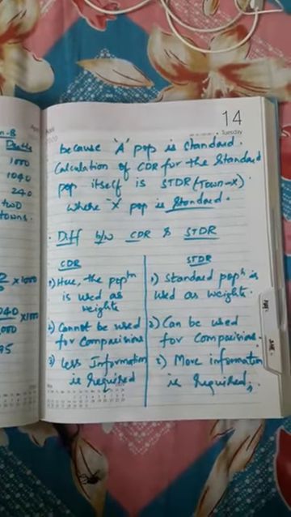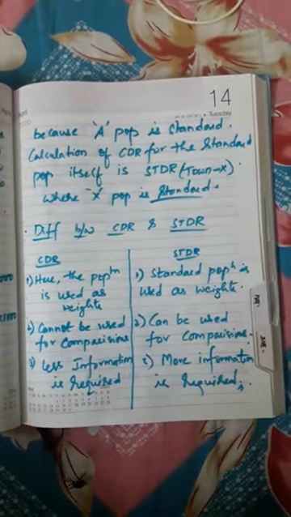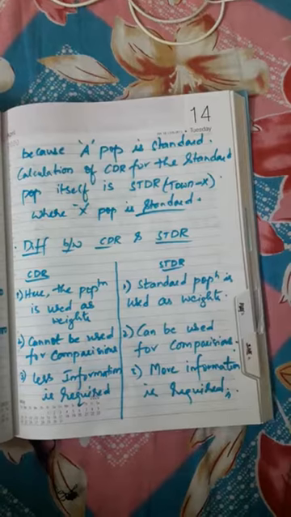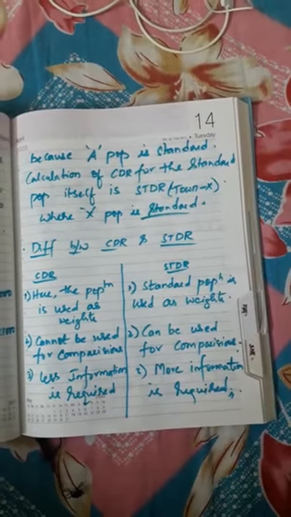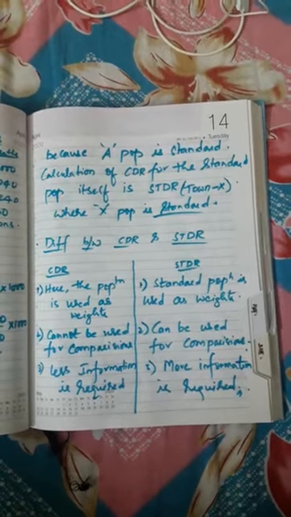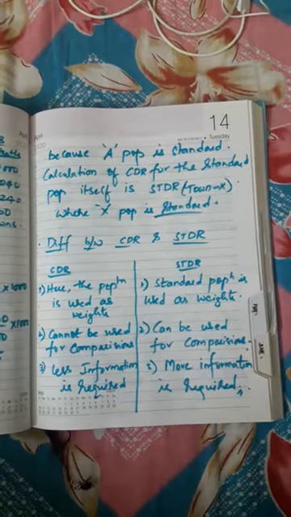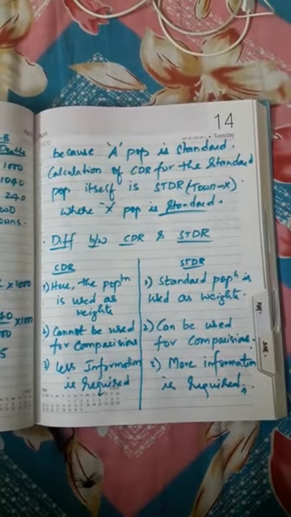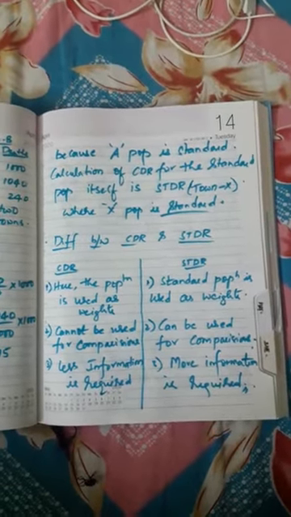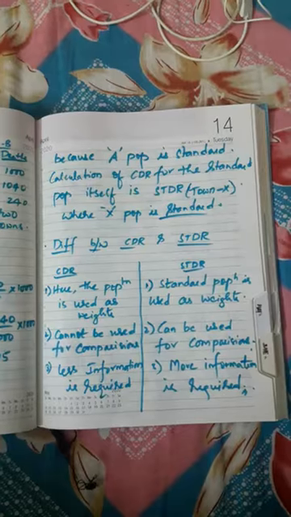But STDR can be used for comparisons because it requires more information. Standard population should be taken; we have to decide it. Along with that, ASDR's calculation is needed. At the same time, the death rate, in terms of the statement we are giving, tells which city is healthier or which city is not healthier.